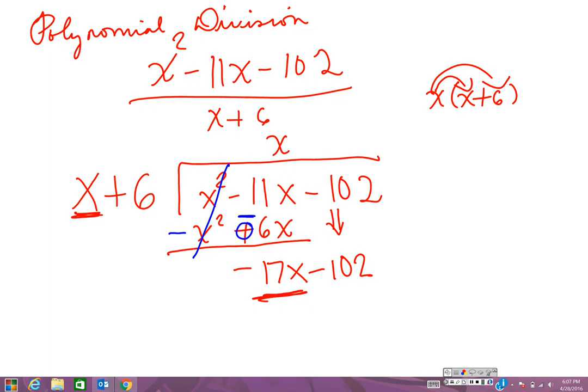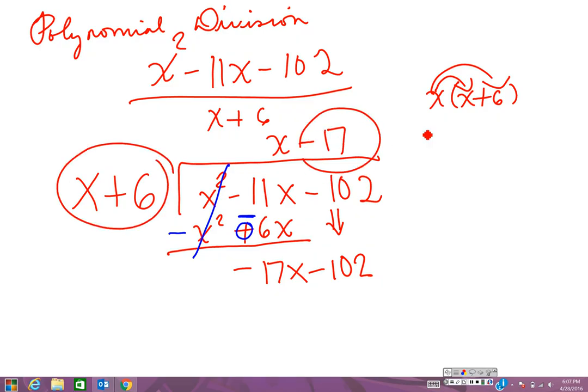So again, x times what will give you negative 17x? Negative 17. So we'll put minus 17 here, and we're going to multiply that minus 17 times x plus 6 again. So again, we're distributing in our head. So when we distribute this, what do we get?